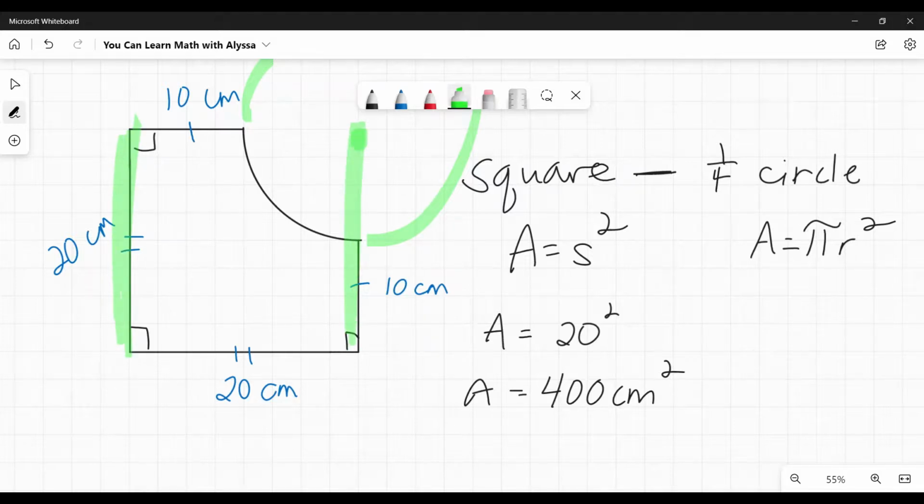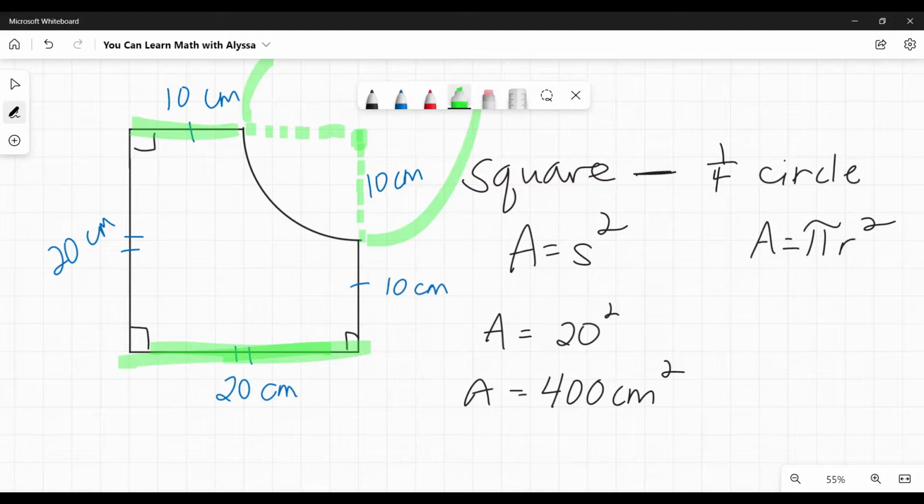Now, the opposite sides of a square are the same, so it would be 20 centimeters. And this is 10 centimeters, meaning this invisible line that would continue upward, which would be my radius, is also 10 centimeters. And as you see, we would have reached the same conclusion if we'd done the top, because we have 10 centimeters out of 20, leaving another 10. So the radius of our invisible circle is 10 centimeters.